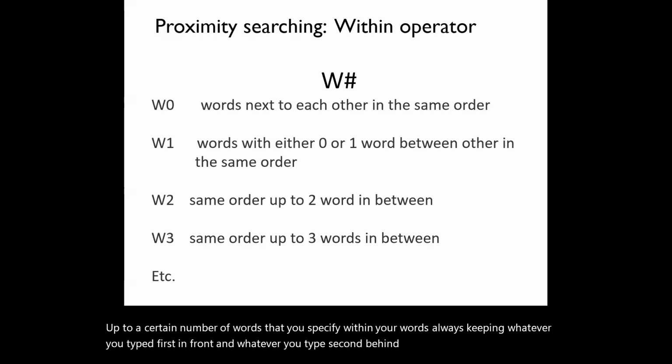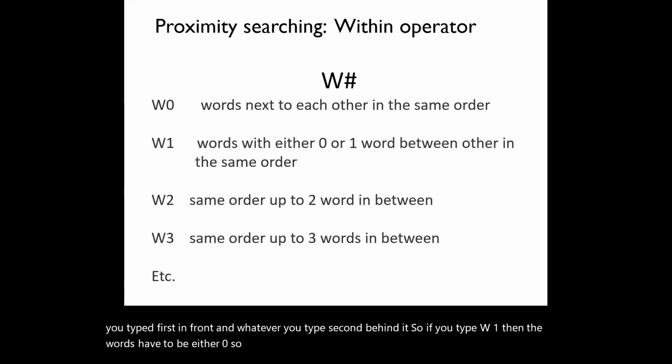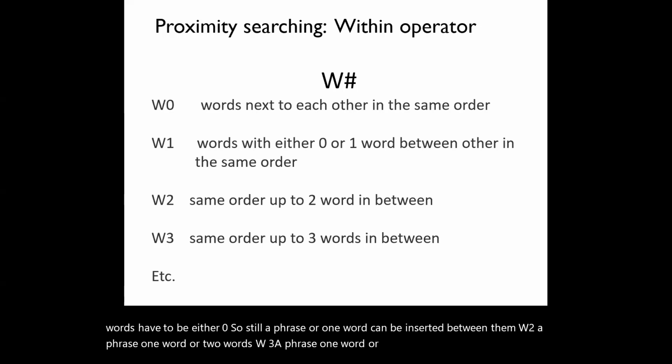So if you type W1, then the words have to be either 0, so still a phrase, or one word can be inserted between them. W2, a phrase, one word or two words. W3, a phrase, one word or two words or three words, etc.